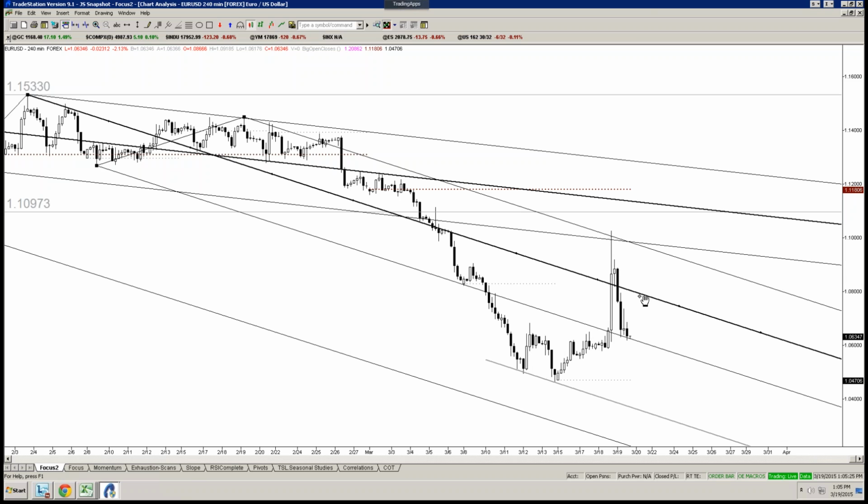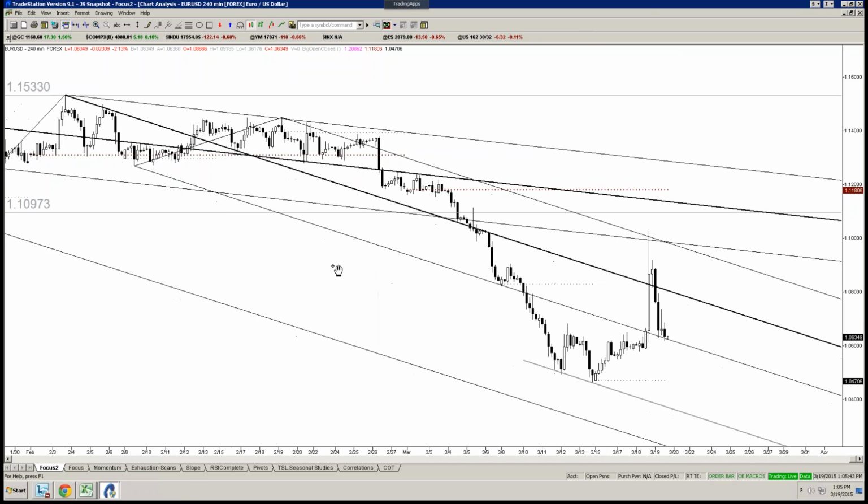It's a big level. It was the breakdown level really here in early March, and it's been support and it's been resistance. So that median line to me is super important.